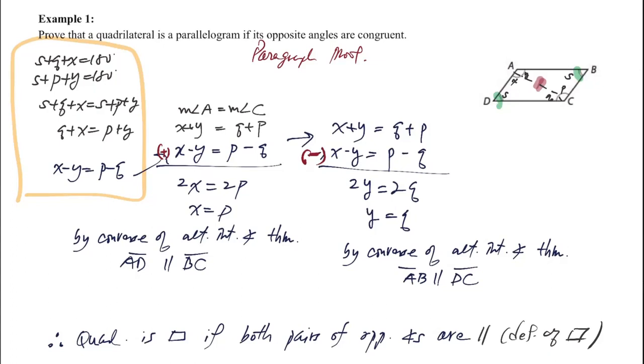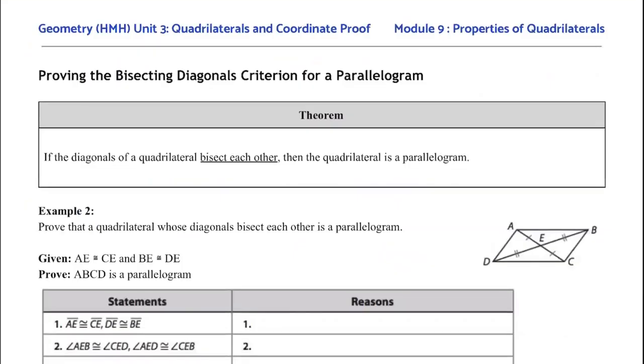Okay. All right, guys. So we are here to do a couple more. One of the properties of a parallelogram is that the diagonals bisect each other, right? And if the diagonals of any quadrilateral bisect each other, then is it a parallelogram? That's what we are here to prove.